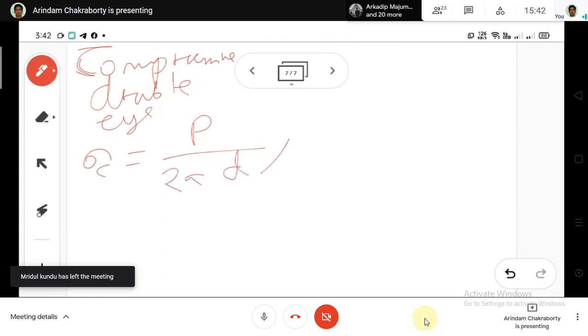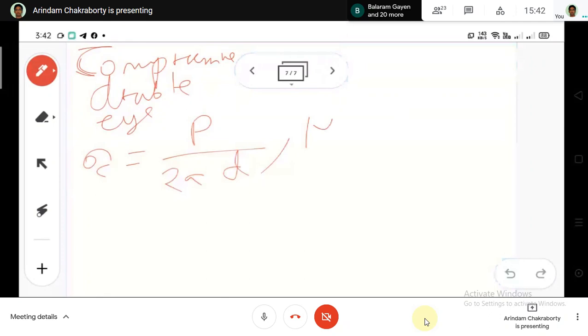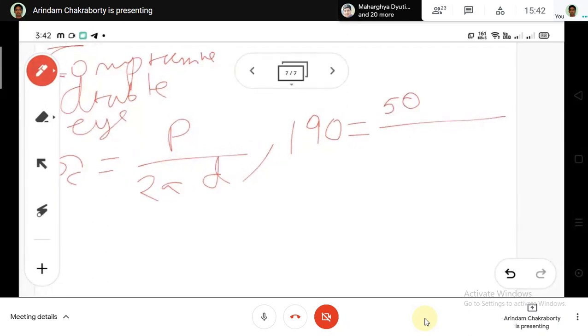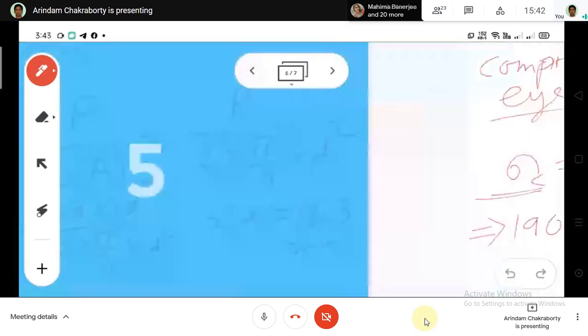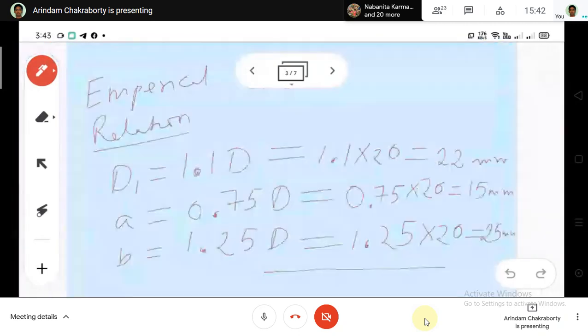Now we know that sigma C is equal to 190. So 190 is equal to P, which is 50 into 10 to the power 3, by 2 into A. A is, I think, 15.